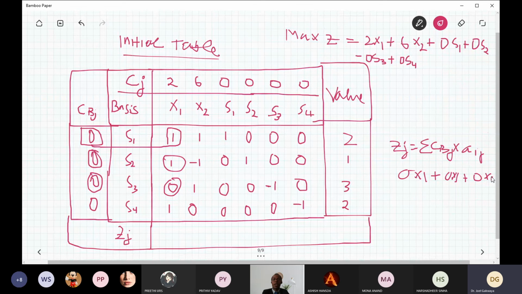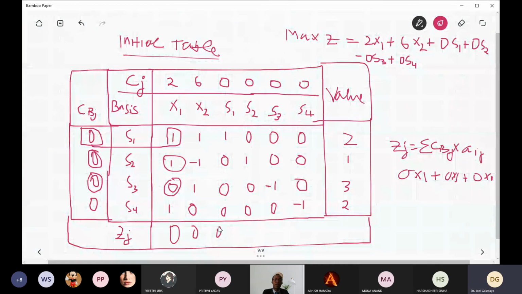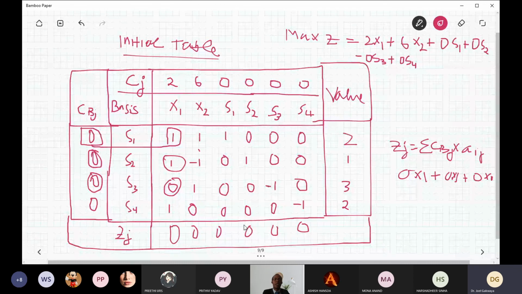So you're going to multiply for every column, and it is going to give us 0. For initial, all become 0. We have our zeros. Is it 4 or 5? 1, 2, 3, 4, 5, 6, because we have 6 variables.